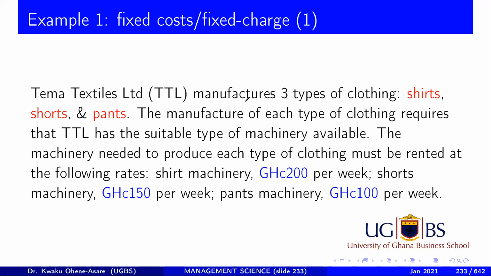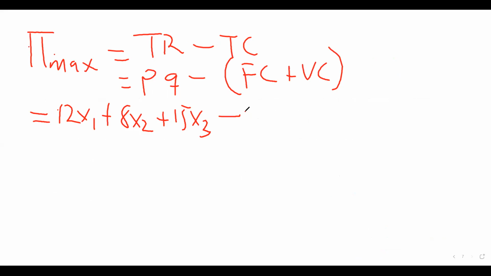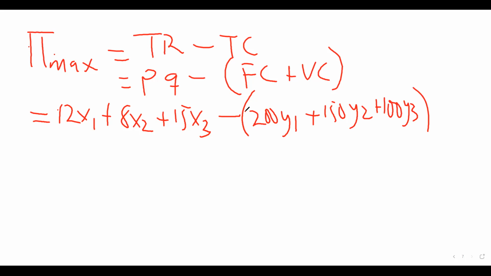In this objective function, we're going to capture minus, and I want to bring it into a bracket just so that you agree with it. Minus (200 y1 plus 150 y2 plus 100 y3). So those are the various fixed costs.